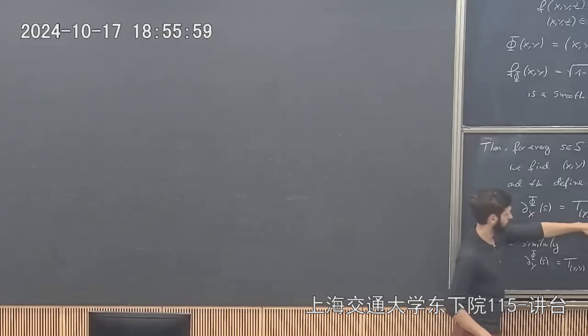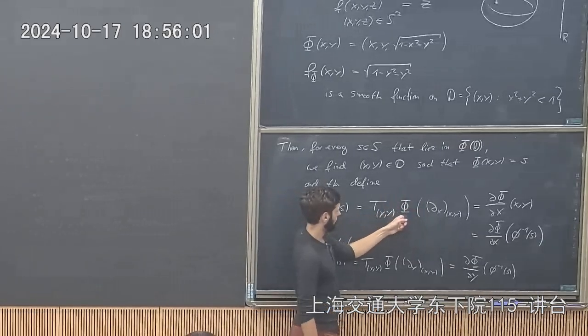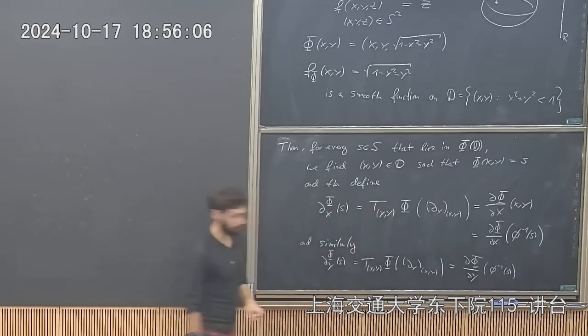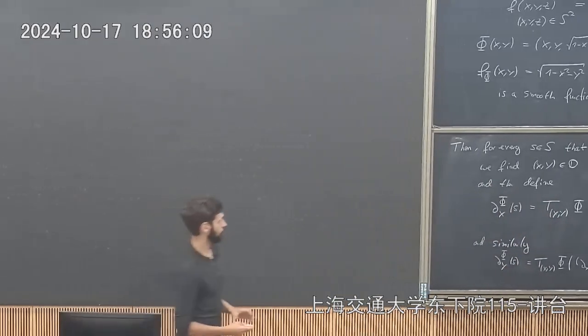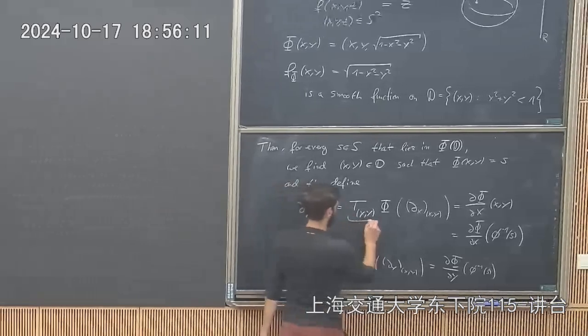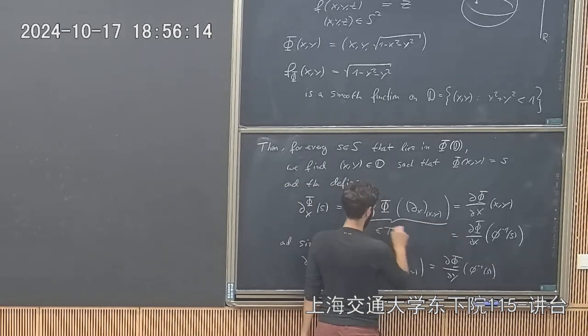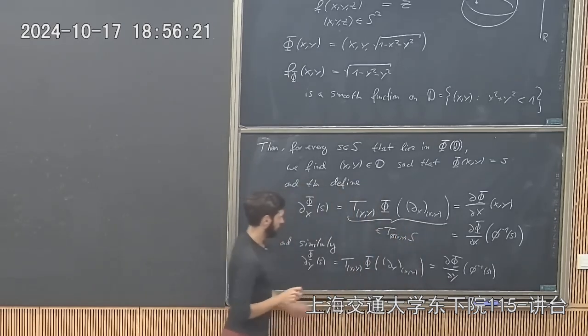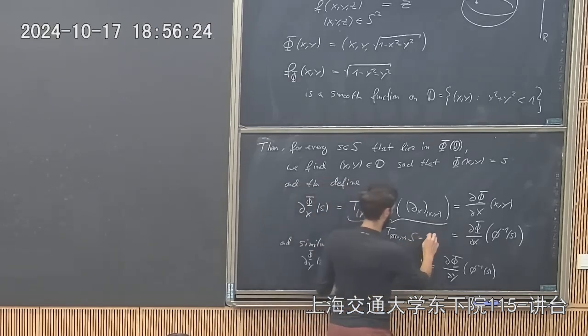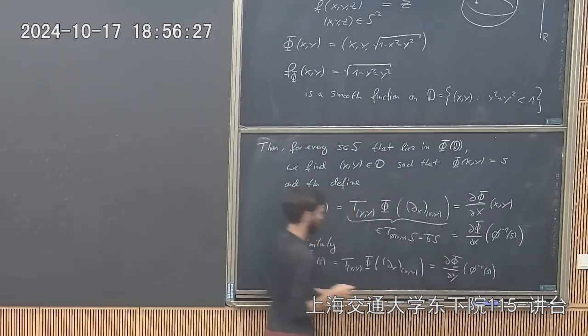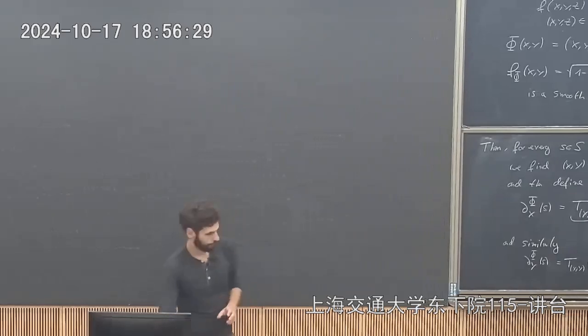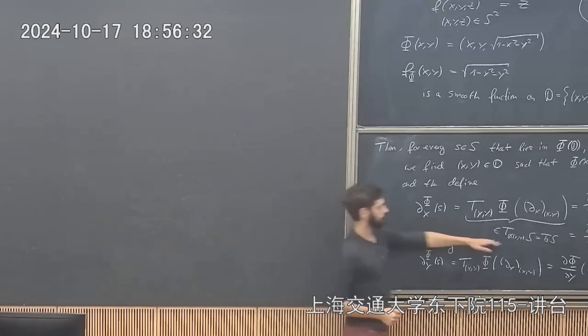So first of all, let me walk you through the definition again. This one is a map that eats vectors and gives you a vector in the tangent space of S. So this expression here is a tangent vector at phi of x and y in S. That's the same thing as T_S of S. So for every S, you get some tangent vector.